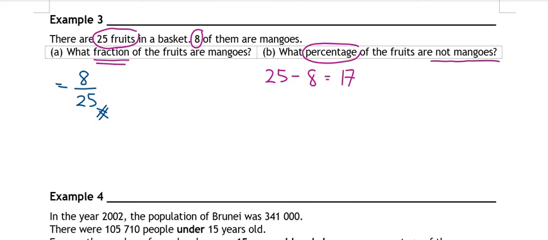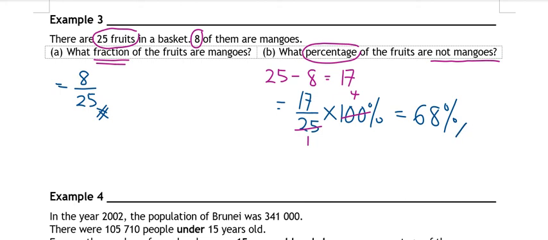Converting this into a fraction, 17 out of 25, and then you multiply by 100% to find the percentage. 25 times 4 is 100, so your answer will be 68%. So this is not mangoes. If you subtract 100 by 68, you will get 32%, which is the mangoes, right?